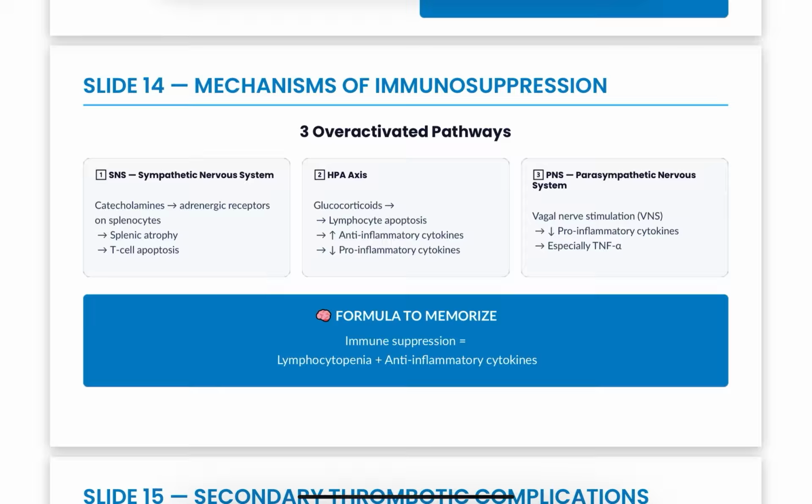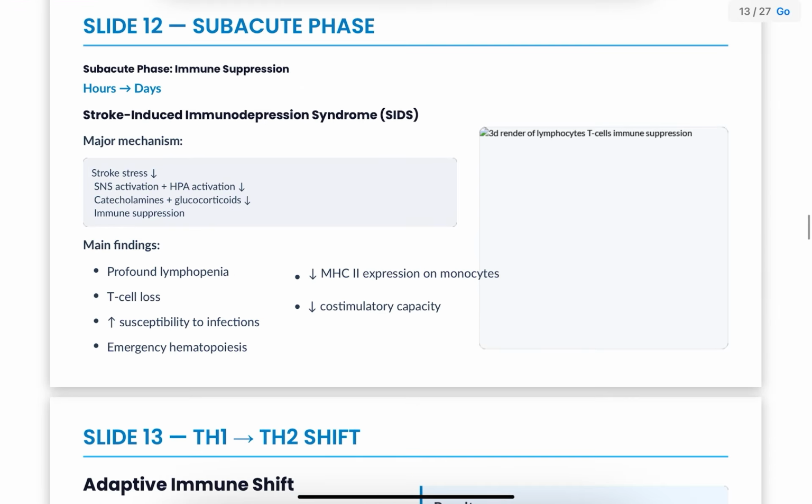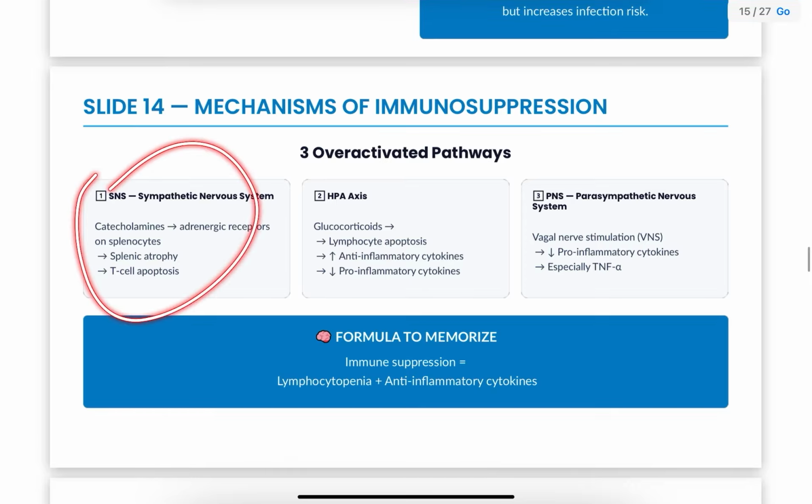This contributes to two things, splenic atrophy and T cell apoptosis, which explains the reduction in the circulating lymphocytes, the lymphopenia that we talked about. So it's caused by this.